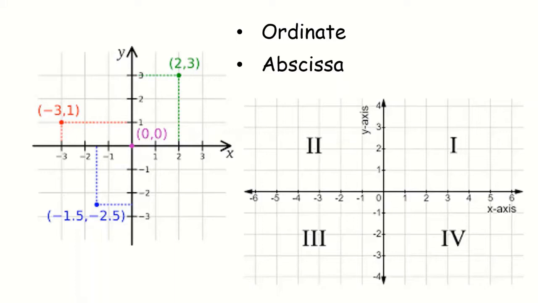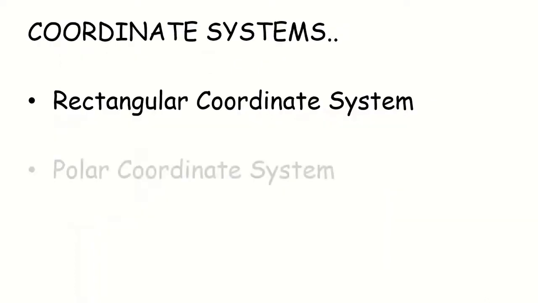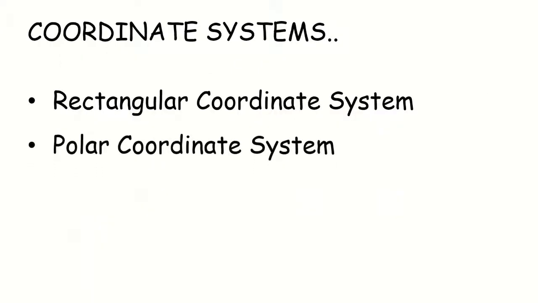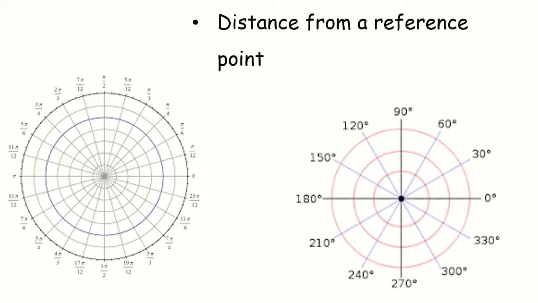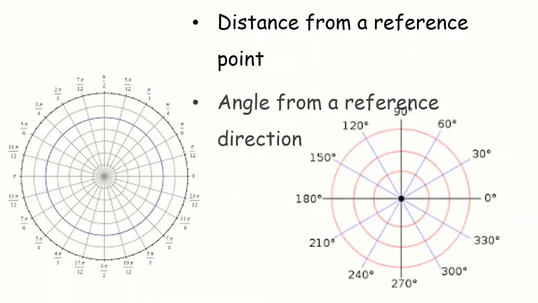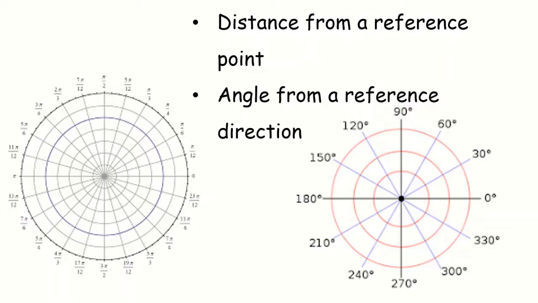Ordinate essentially means the perpendicular distance of the point from the x-axis, and abscissa means the perpendicular distance of that point from the y-axis. The other coordinate system that is also used is the polar coordinate system, where the coordinates of the point depend upon the distance from a reference point and the angle from a reference direction.